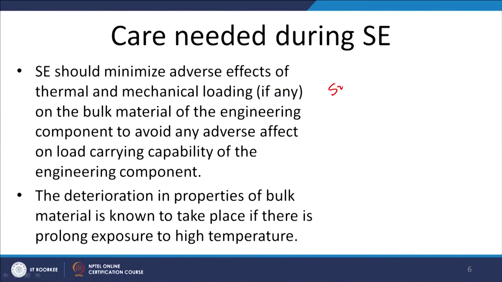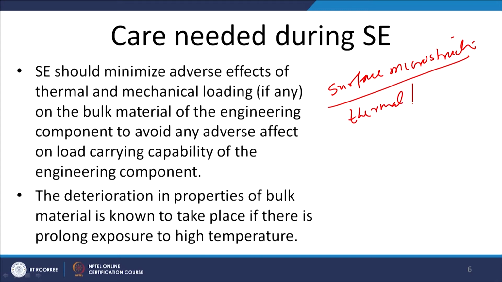But whenever surface engineering is applied, the techniques can be applied in a number of ways. There are three broad categories, and just in brief I will let you know what those are. In the first, only the surface microstructure is modified through thermal or mechanical loading, or we apply the heat in a very localized manner.